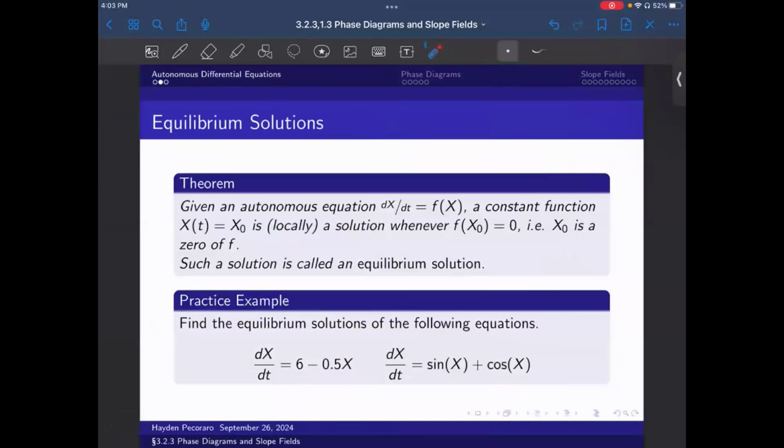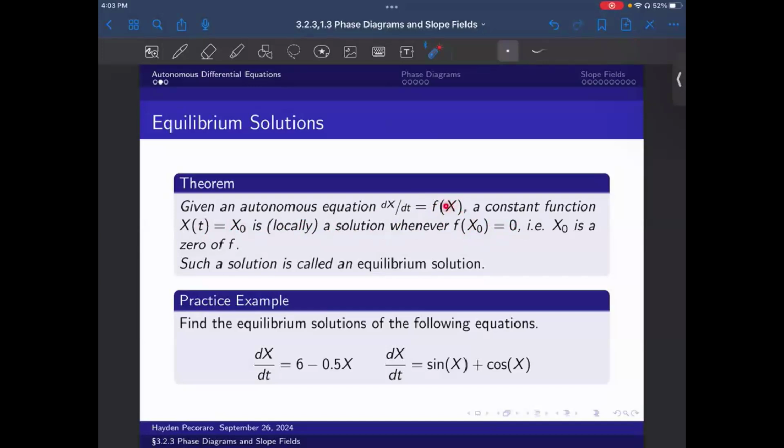And what can we say about these? Well, we're interested somewhat in the constant solutions. We call these equilibrium solutions. I have this theorem here that says, given an autonomous equation of this form, a constant function like this is a solution locally whenever the right side of this equation is equal to 0 if you plug that in. This is some function, and you can plug values for x into that.